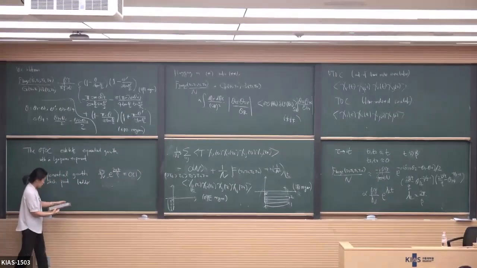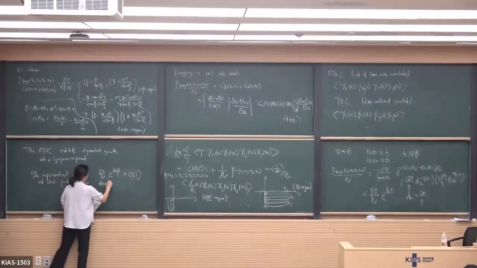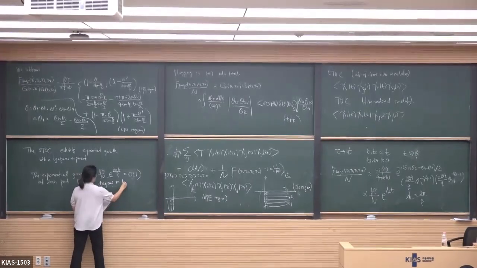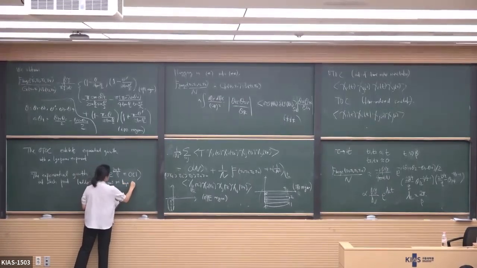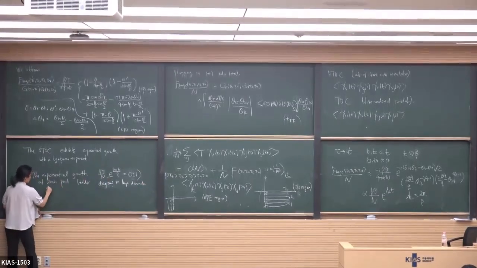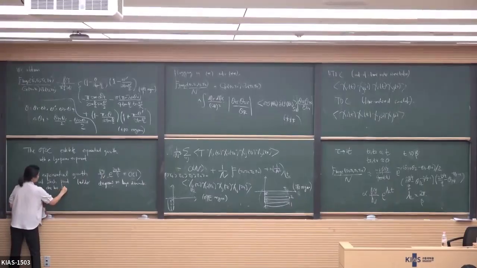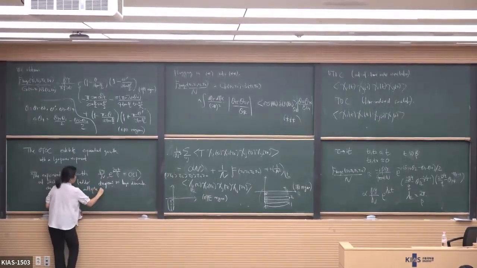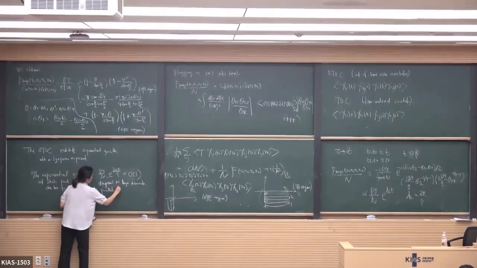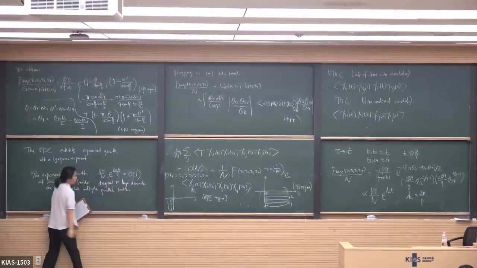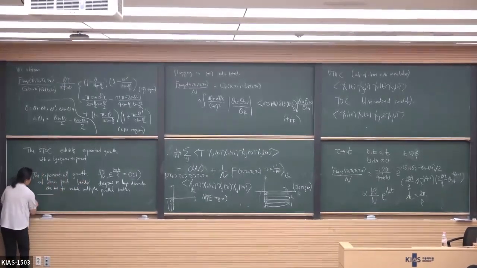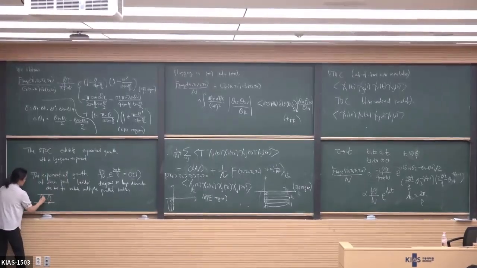I'll draw what a multiple ladder looks like. One has to include multiple parallel ladders. Recall the ladder diagrams we had in the 1 over n piece in the 4-point function were of this form. They look like this.